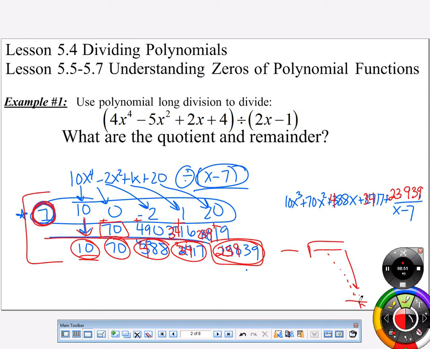That's what this last number is here. So notice that it ended up right here over x minus 7 because it was the remainder. The same thing that you would have done if you had long division, right? What comes before the remainder in your long division answer is the constant, right? So this number is always going to be the remainder.